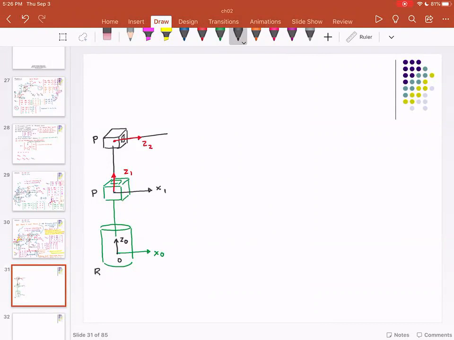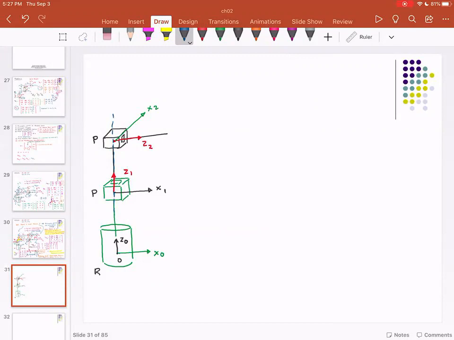Let's look at the last case, wherein if I were to draw X2, something like this, then in this particular case, guess what? X2 is intersecting with Z2. If you were to see the Z2, it's perpendicular and it is intersecting.